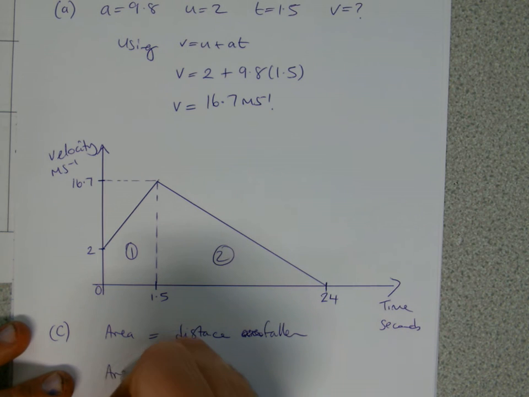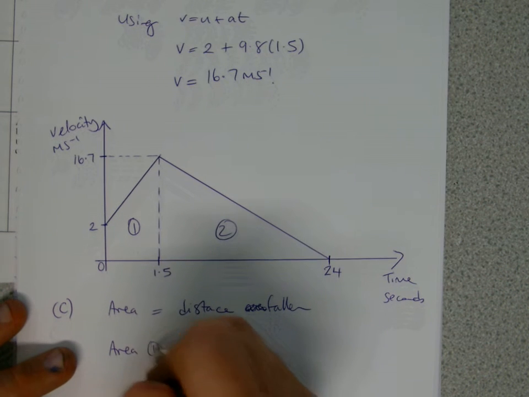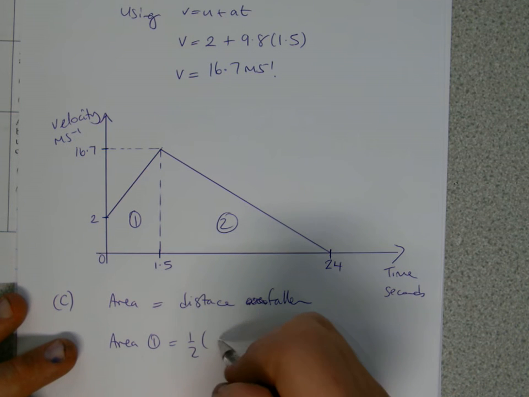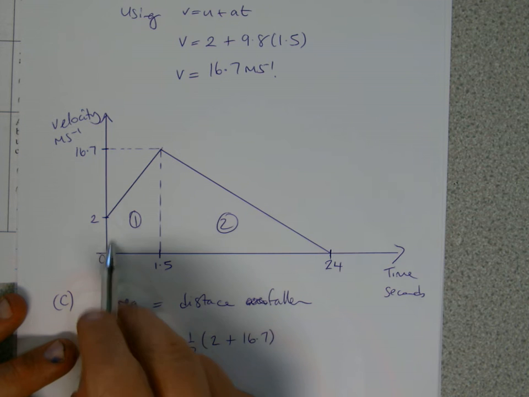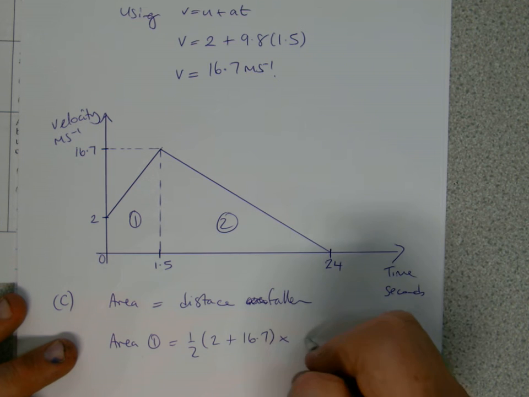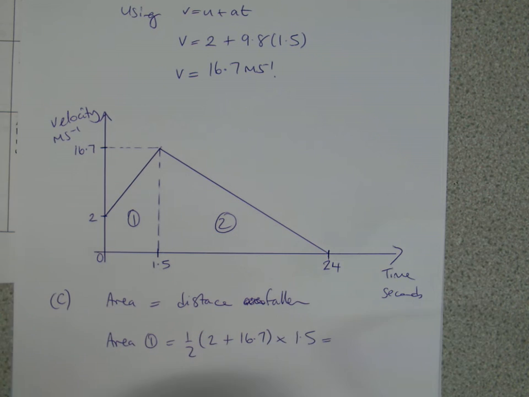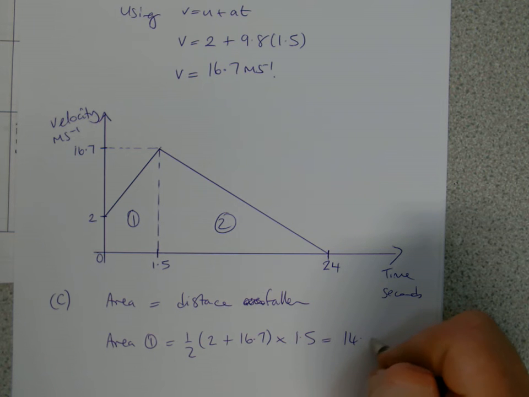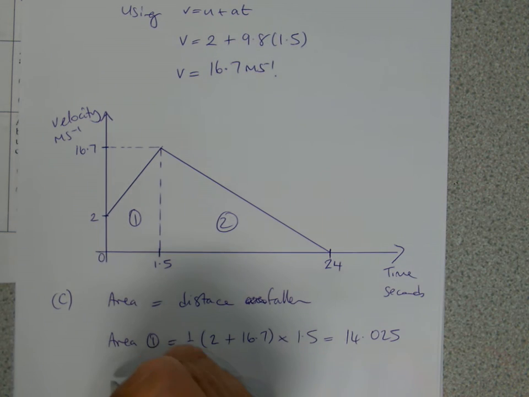So area 1 is a trapezium, okay? So half times 2 plus 16.7, that's 2 there, 16.7, times then the height between them, which is 1.5. So we work that out. We get that to be 14.025. And area 2 is just a triangle, yeah?